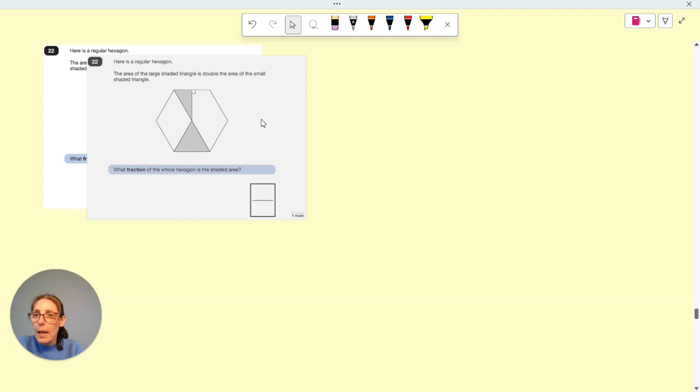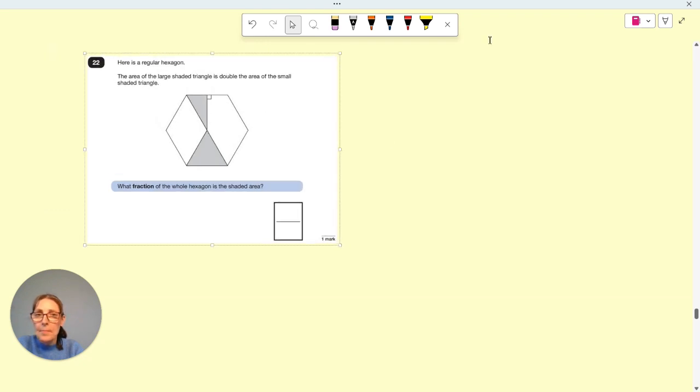Oh, okay, so we have, let's just make that a bit bigger. Here is a regular hexagon. The area of the large shaded triangle is double the area of the small shaded triangle. Let's make that clear, so let's just sketch this.